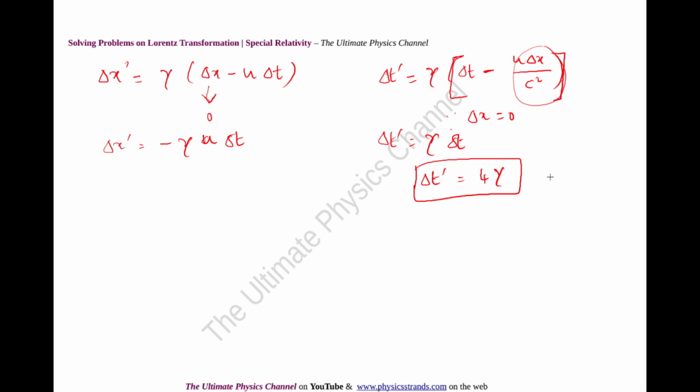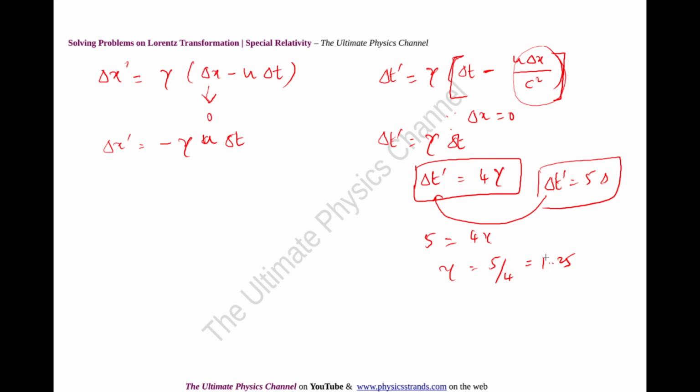And then del t prime is also given in the question as 5 seconds. I can substitute that here, so I have 5 equal to 4 gamma, and therefore gamma is equal to 5 by 4, which is 1.25. So I have got the gamma factor.